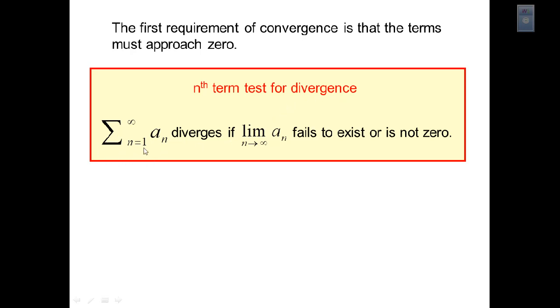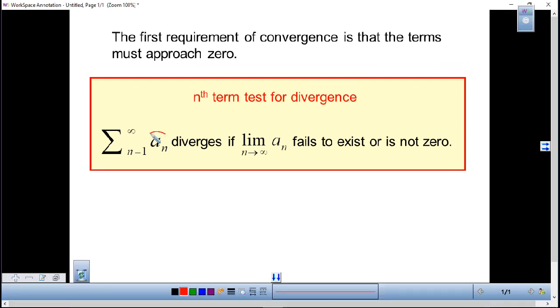So if our sigma notation of a sub n, it's going to diverge if the limit as n approaches infinity of a sub n, these terms, fails to exist or is not 0. So if we take the limit of this term right here, just this term, ignore the sigma, all we're worried about is that.